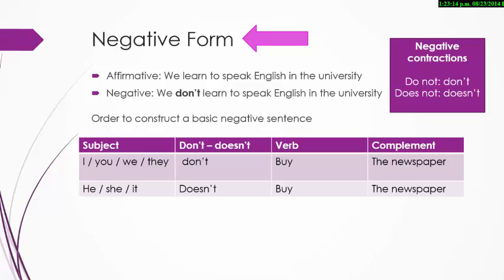When the subject is he, she, or it, it's a third person. We add doesn't between the subject and the verb to make a negative sentence. Notice that the letter s at the end of the verb in the affirmative sentence disappears in the negative sentence.